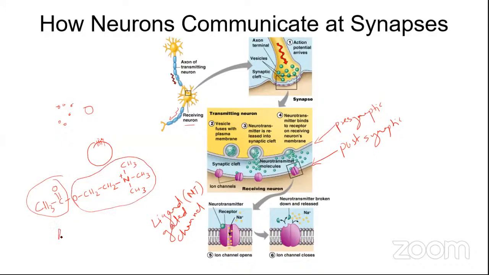This is actually acetylcholine, the neurotransmitter, right? And how does it control? That means how is its action controlled? The receptor, either the receptor itself or there are certain enzymes, like for example, for acetylcholine, there is an enzyme which is called acetylcholine esterase.